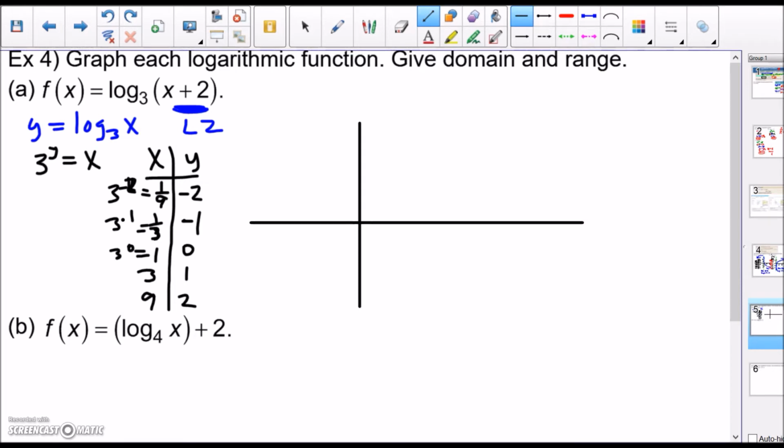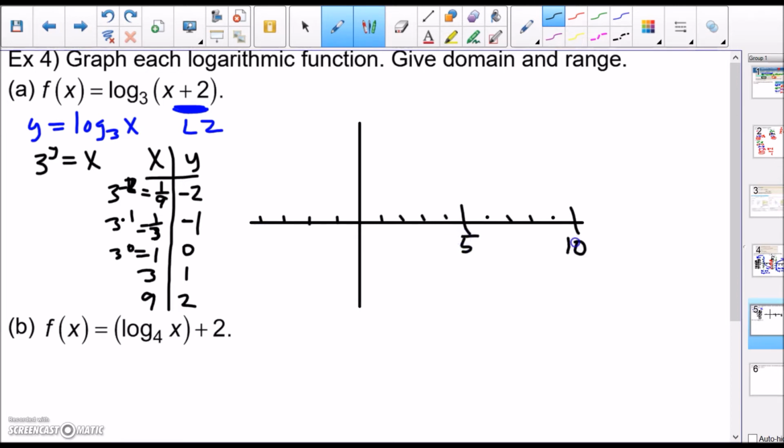So let's actually put some tick marks in here. 1, 2, 3, 4, 5, 6, 7, 8, 9, 10, and I know I'm going to have to shift left 2, so let's at least go to -2, -3, -4. All right, that's fine. So we know that's 5 and 10, 1, 2, -1, -2. All right, so we should be pretty good.